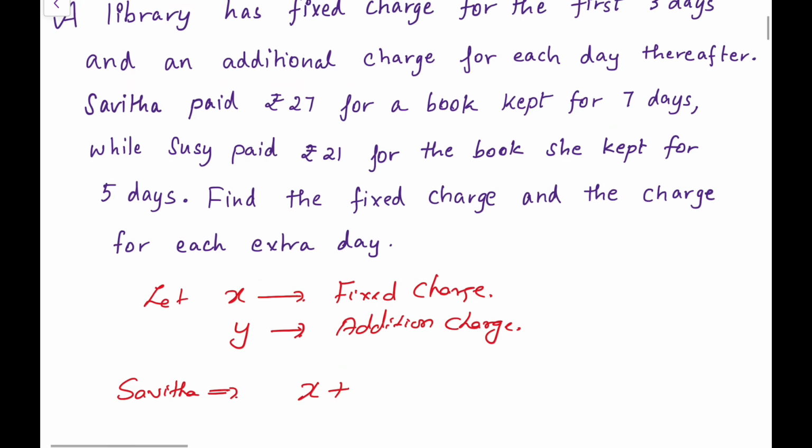She has kept it for 7 days, so 3 days are gone. So 7 minus 3 is 4 days. So 4 into, for each day it is y rupees, 4y. So totally she has paid rupees 27.